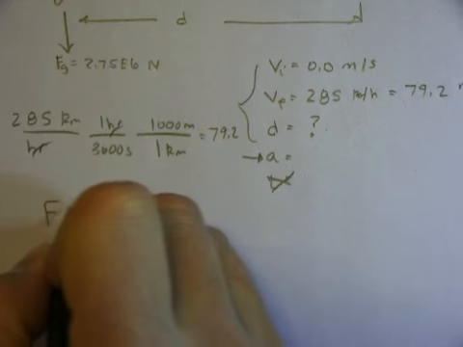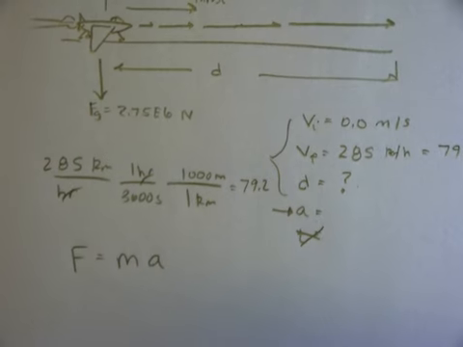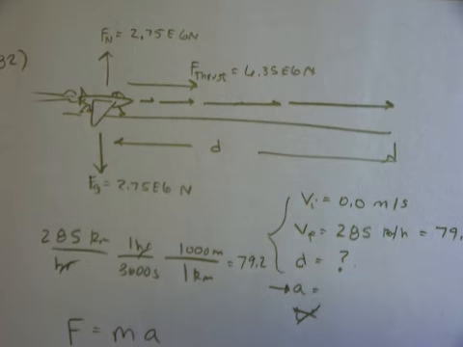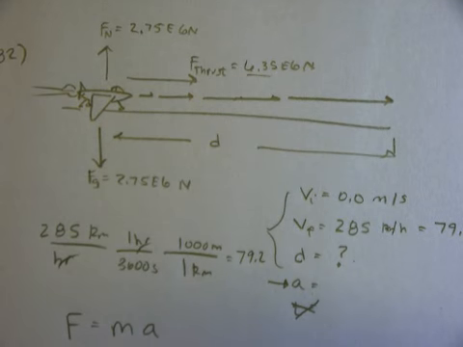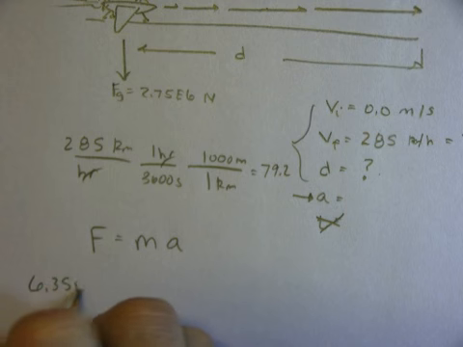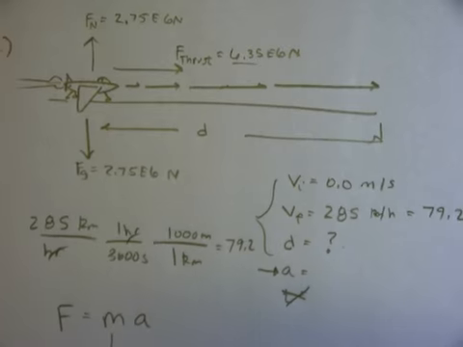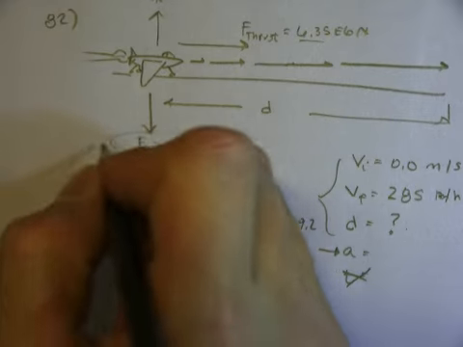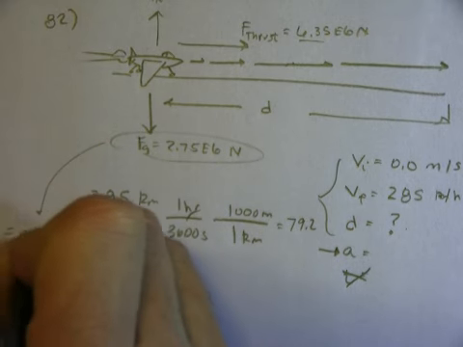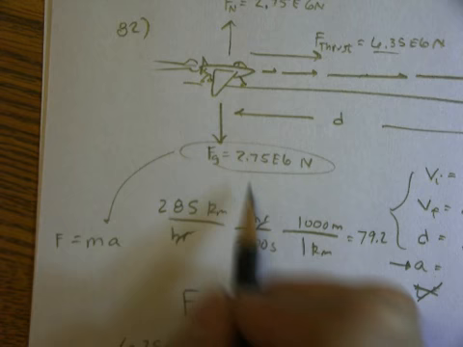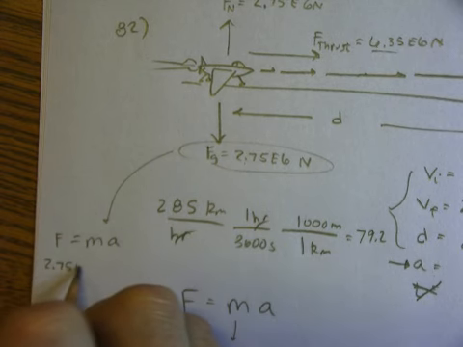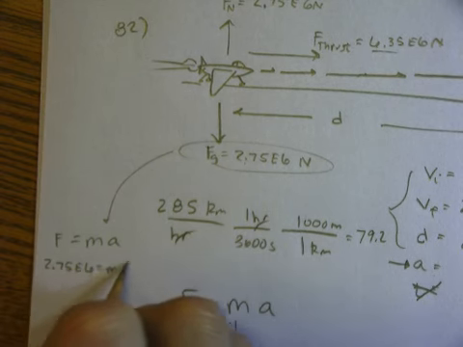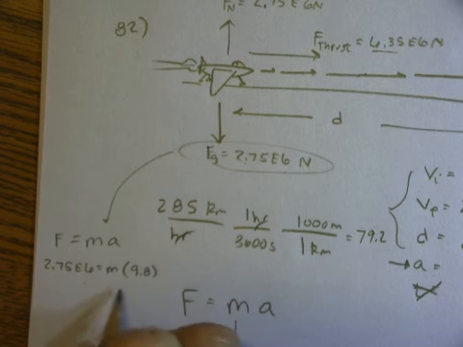So F equals ma. Now, the force that is pulling our plane is the thrust force, 6.35 E6 newtons. Now, the mass, this is the weight. It is not the mass of the plane, but you can find the mass by using F equals ma, because the force is 2.75 E6 and the acceleration due to gravity is 9.8.